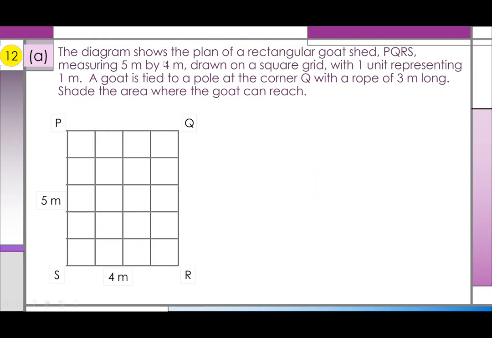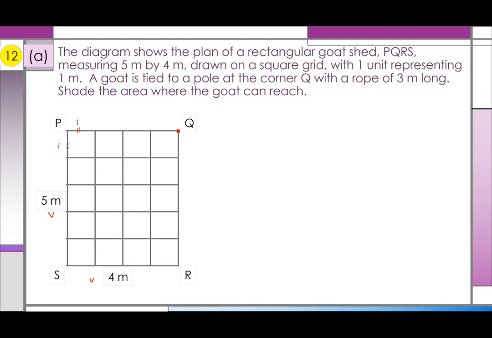Question 12. The diagram shows the plan of a rectangular goat pen PQRS measuring 5 meters by 4 meters, drawn on a square grid with 1 unit for each square. A goat is tied to a pole at corner Q with a rope 3 meters long. Check the area where the goat can reach.